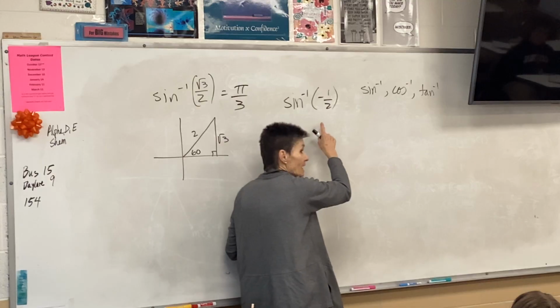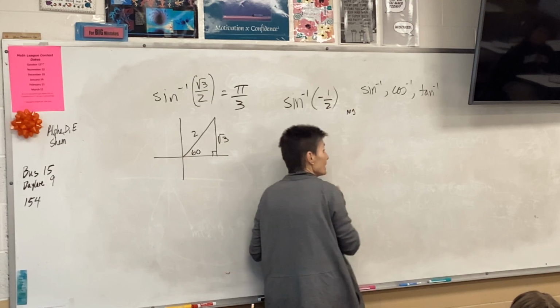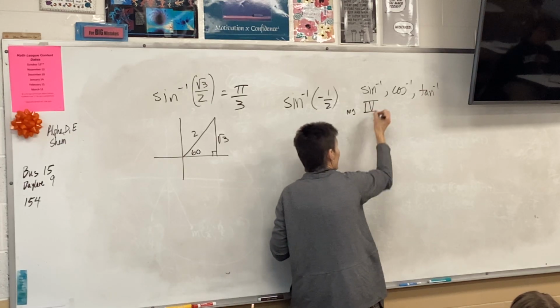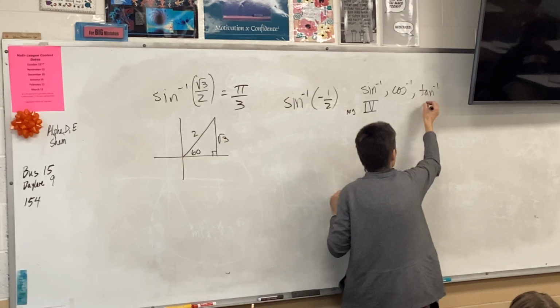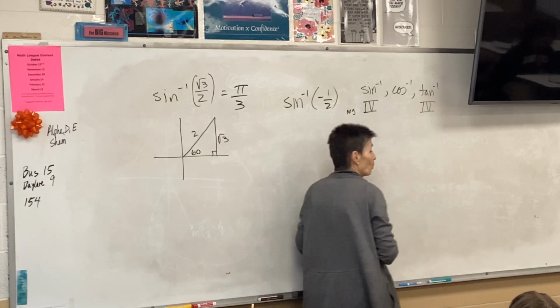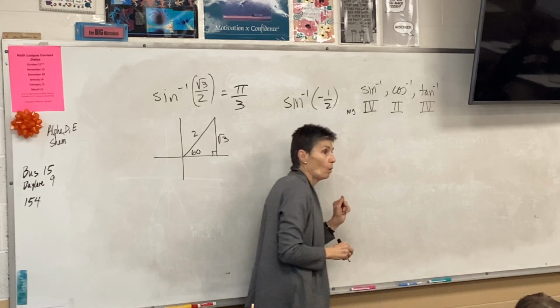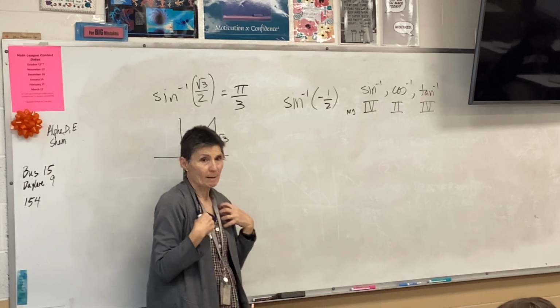If the number is negative, this is now for negatives. If it's a sine, your triangle will be drawn in quadrant 4. If it's a tangent, it will be drawn in quadrant 4. If it's a cosine, it will be drawn in quadrant 2. Now, first of all, these are not Mrs. Ford's rules.